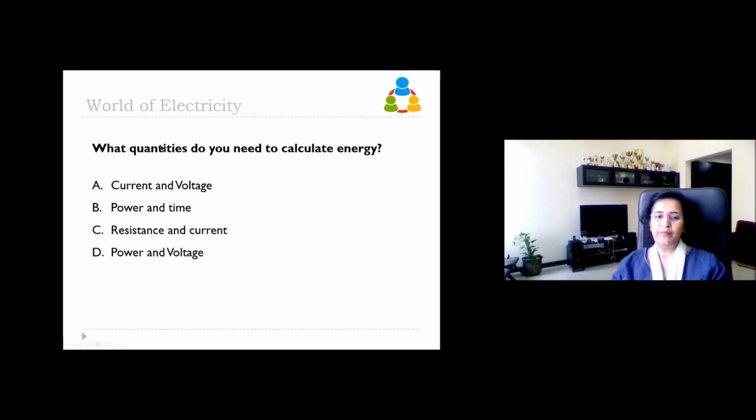So tell me, what quantities are required for you to calculate the electrical energy? Current and voltage, power and time, resistance and current, power and voltage. Yes, power and time, right? Time in minutes or hours.